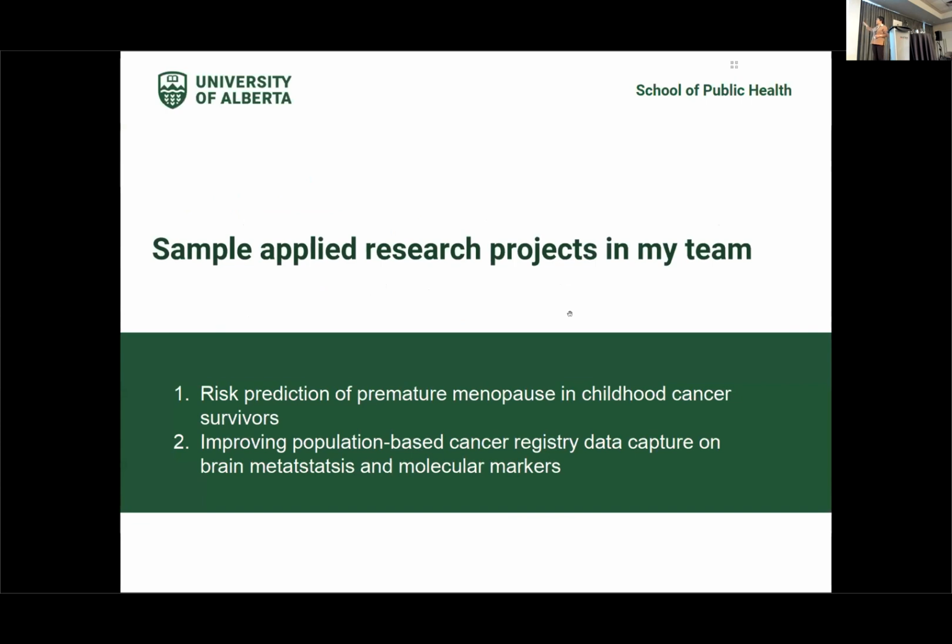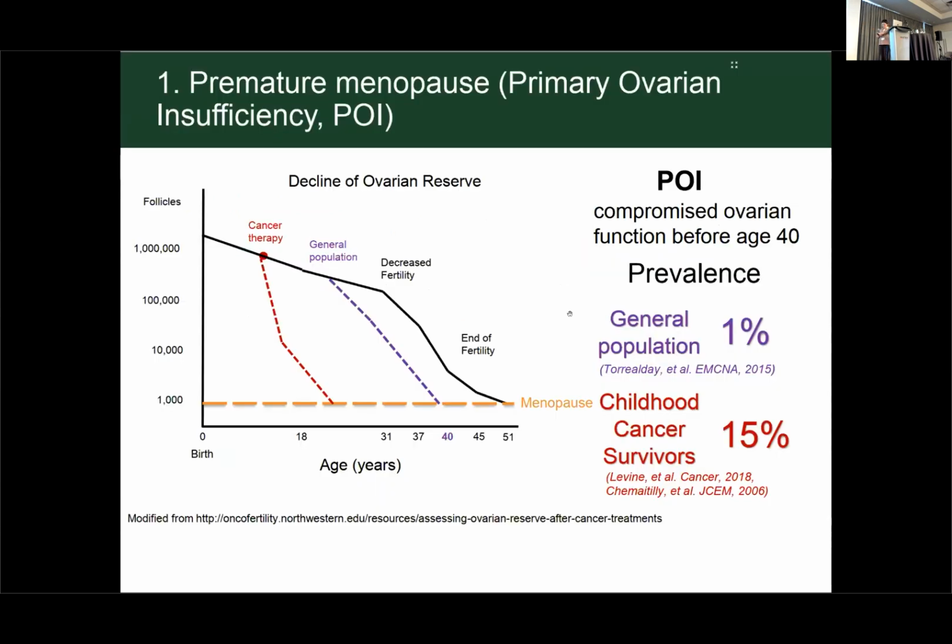So of these sample applied research projects, I'm just going to talk about the last two that I mentioned. I have worked on this for about the last 6 years.